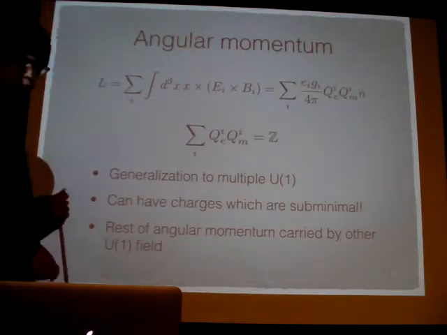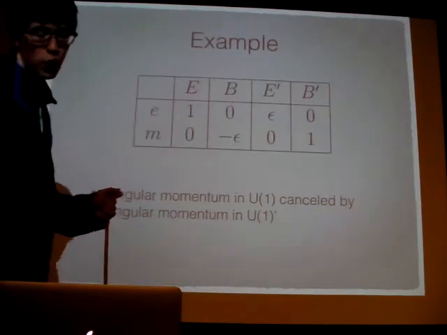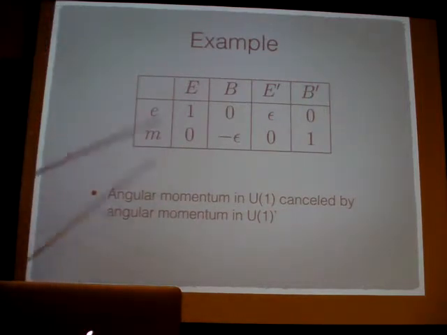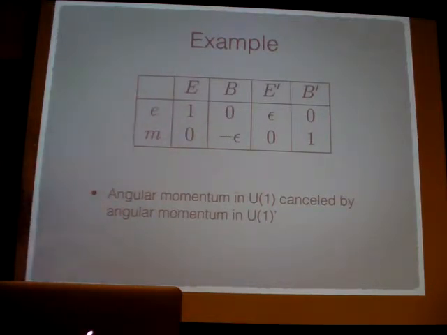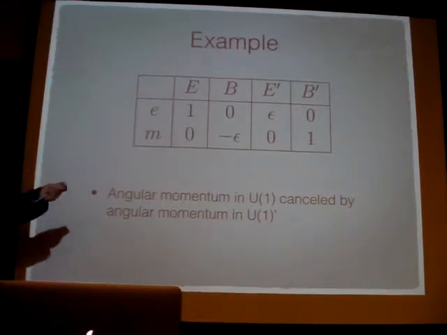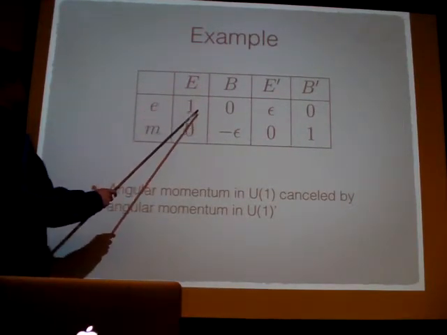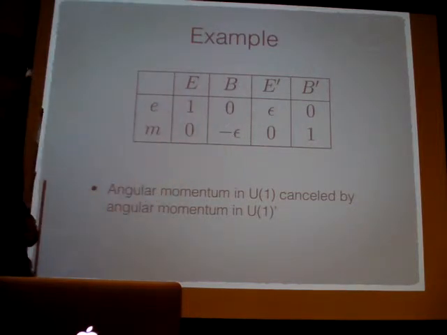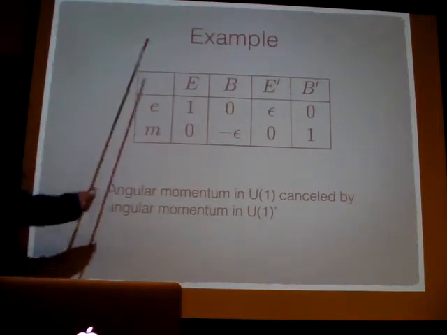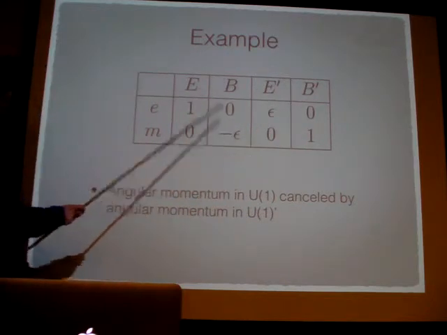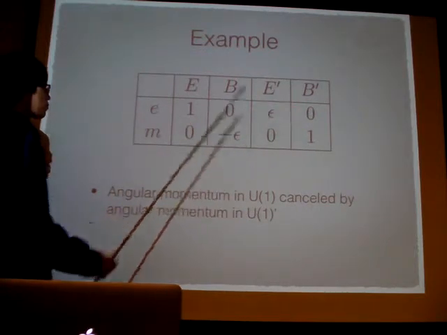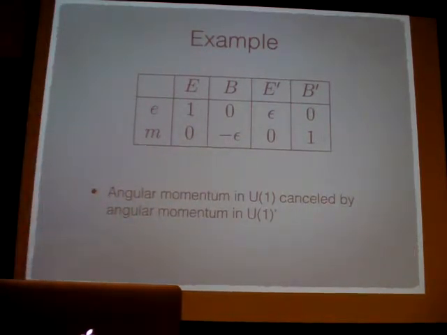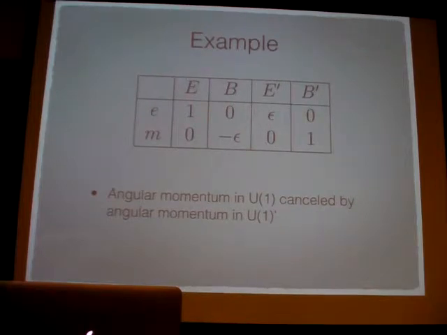In particular, and this is the one I'll try to motivate later, here's an example of a case where the sum is an integer, but the magnetic charge is not: if you have an electron with charge 1 under one U1, epsilon under another, and a monopole with charge 1 under the other guy, and minus epsilon under us. So obviously the sum of the products here, minus epsilon plus epsilon, is 0. And so you have quantization of angular momentum.